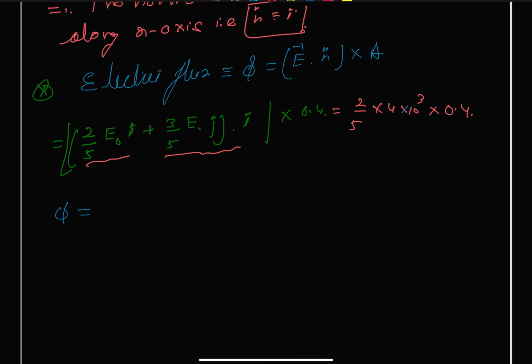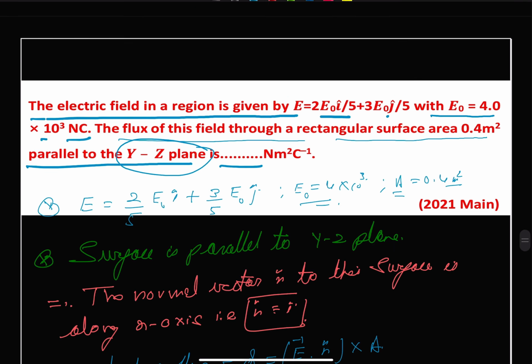This is 8, and 32 divided by 50, and it means 32,000 divided by 50, which will be coming as 640 Newton meter square per coulomb. So this is our value of the flux, which is 640. Next question.